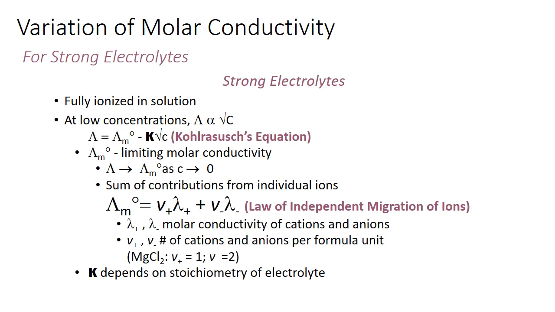Why am I showing you both? Because in different books you will get different notations, so don't worry about it. Lambda m 0 or lambda m infinite, both show the concentration is nearest to 0.